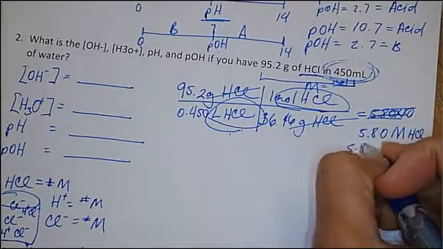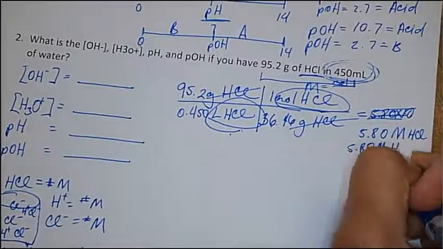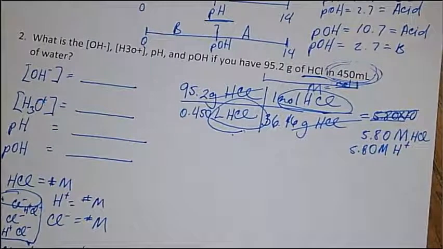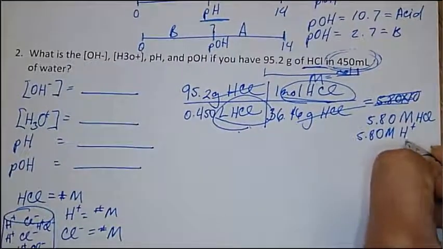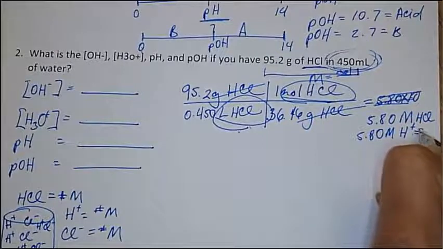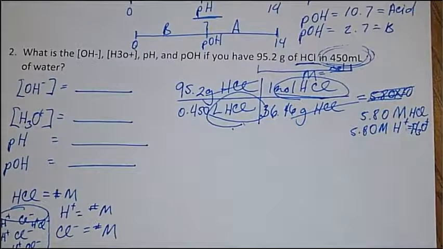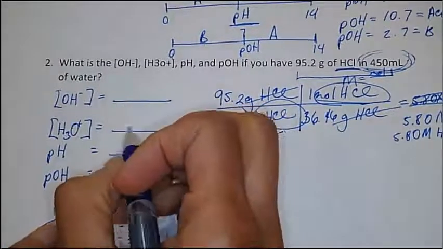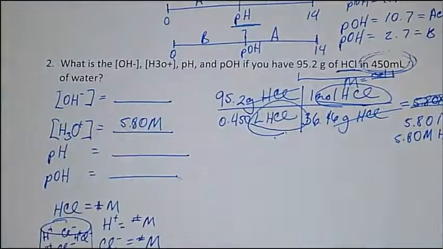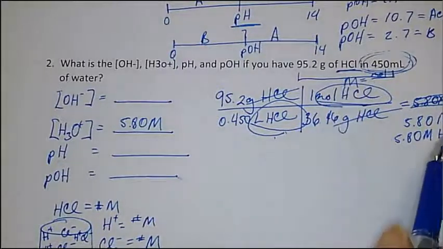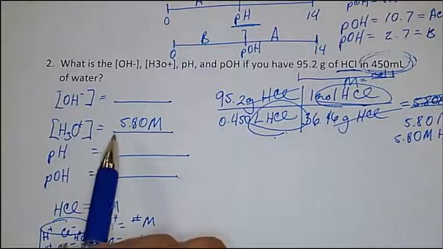This 5.80 molarity is also true for my hydrogen ion concentration. Okay, so hydrogen ion is the same thing, remember, as the hydronium ion that I have. So I'm going to write in here 5.80 molarity of my hydrochloric acid, of my hydrogen ion concentration.